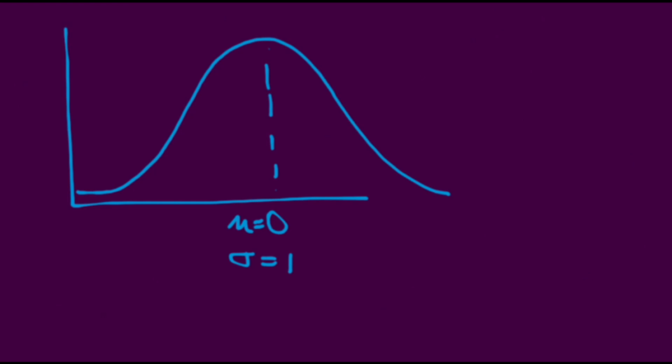What that means is that if we were to plot various points along that, say the value 2, that value is 2 standard deviations above the mean. If you recall from our previous video, for females, the height of 72 inches was 2 standard deviations above the mean.